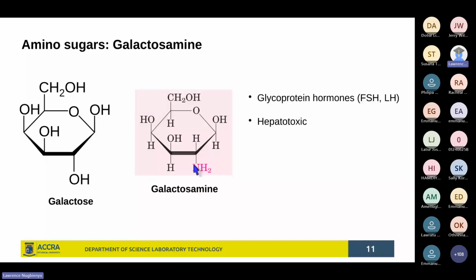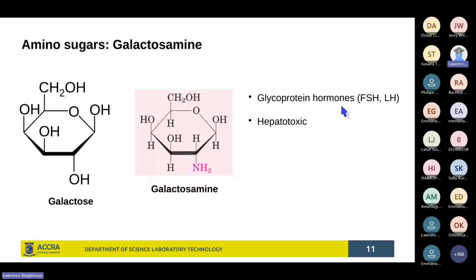And galactosamine is also one of these amino sugars that you find in some glycoprotein hormones, like the follicle stimulating hormone and luteinizing hormone. These are hormones that we see in some reproductive development in puberty. You see these hormones when you are doing some endocrine system.